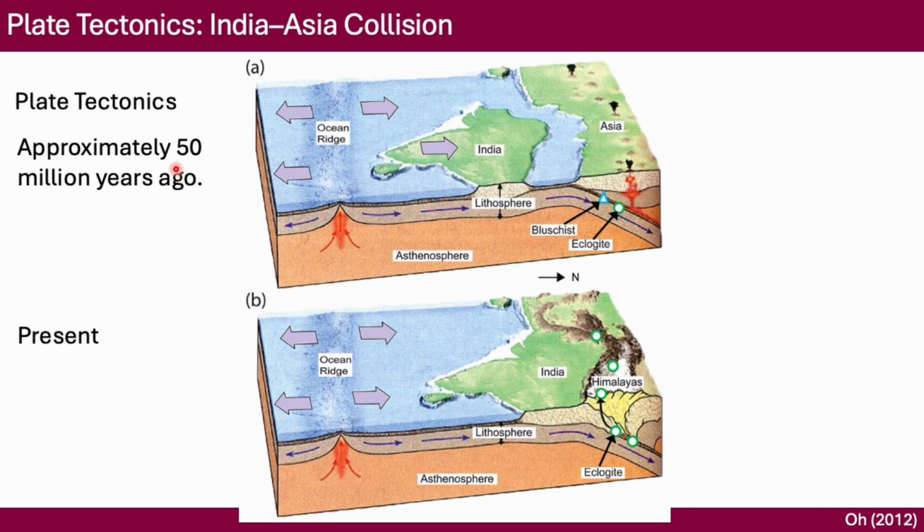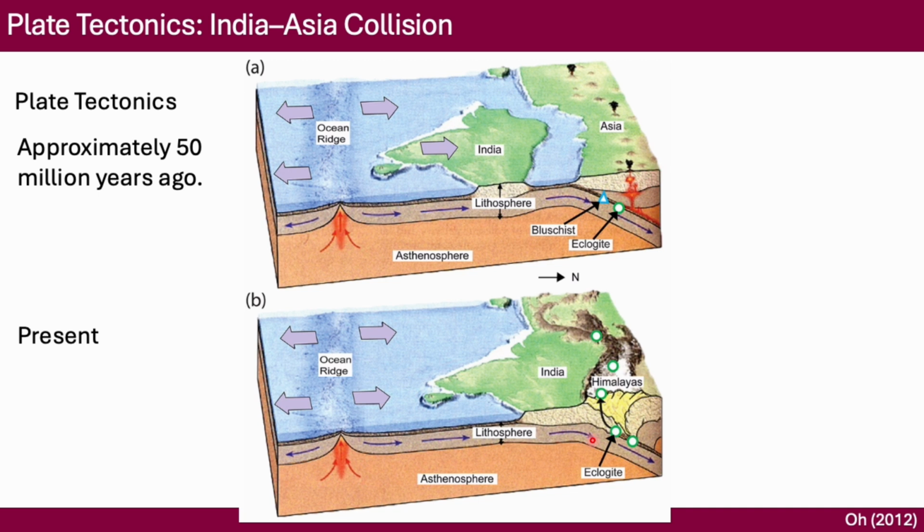About 50 million years ago, the Indian continent was separated from Asia by a wide ocean. During this time, the Indian plate was moving to the north. Then as the Indian plate approached Asia, the ocean between them disappeared by subduction under Asia.